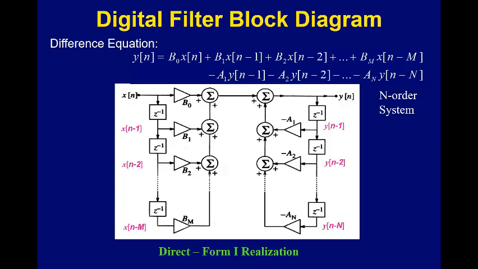Okay. Another difference with continuous time systems, we talked about the filter or the system order in continuous time systems. What determined the order of the system? What made it a second order, third order? What was the determinant there? Remember?